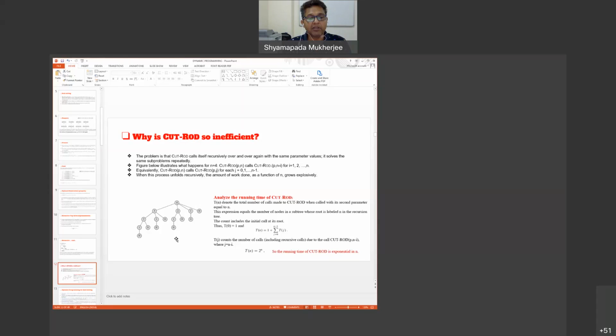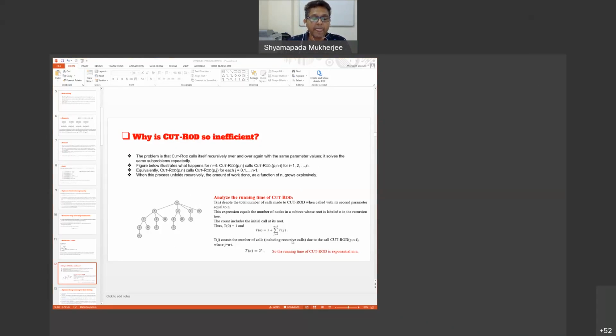If we want to analyze the running time of cut rod, then we can say that the total number of recursive calls made to this cut rod algorithm will be T(n) equals 1 plus the summation of j equals 0 to n minus 1 of T(j), because there may be all different possible recursive calls to this rod cutting problem.